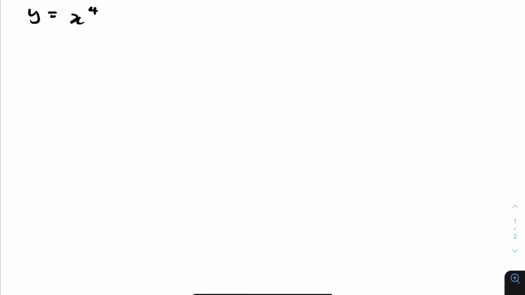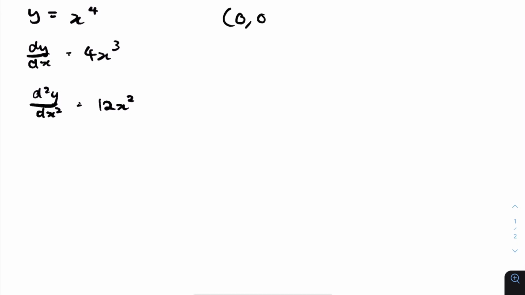However, when we take the second derivative, let's first take the first derivative, dy over dx, which gives us 4x cubed, and then d squared y over dx squared gives us 12x squared. And since our minimum point is at 0, 0, let's try substituting 0 in there.